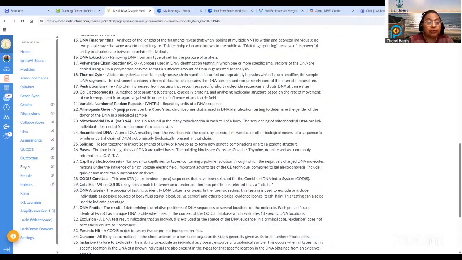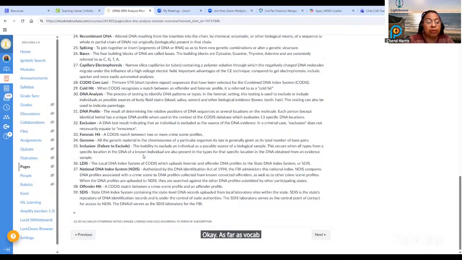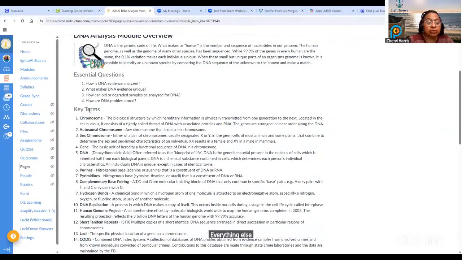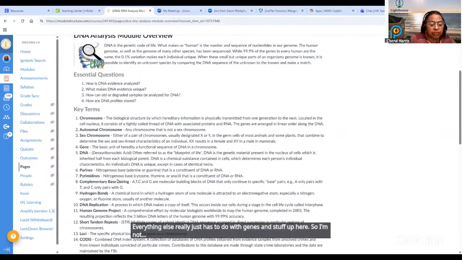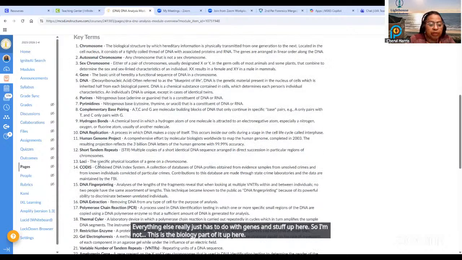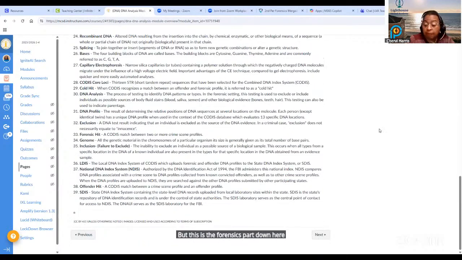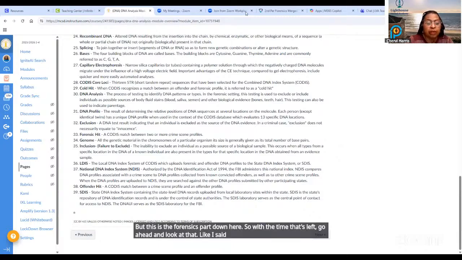As far as vocabulary, start from number 11, go down. Everything else really just has to do with genes and stuff up here. So this is the biology part of it up here, but this is the forensics part down here. So with the time that's left, go ahead and look at that. Like I said, I'm not trying to get too far ahead because we got a couple of people testing.